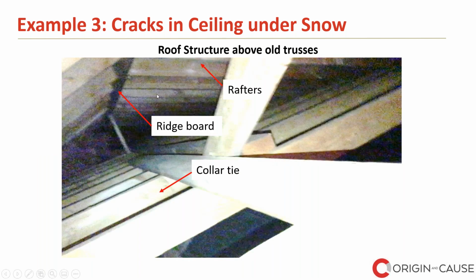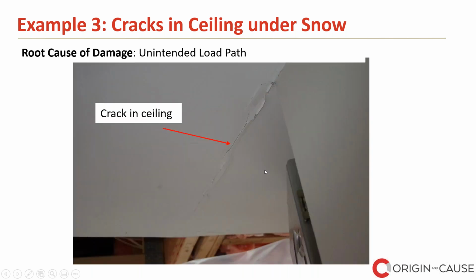This is the attic view of the house. So these are the new rafters that the owner added. And this is the crack in the ceiling. So, unintended load path again. Because the ceiling joist had to be continuous in a rafter structure of the roof, but that was not the original intention of the roof structure in this example.